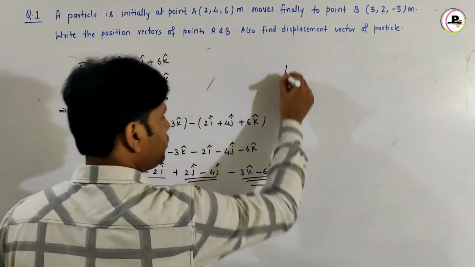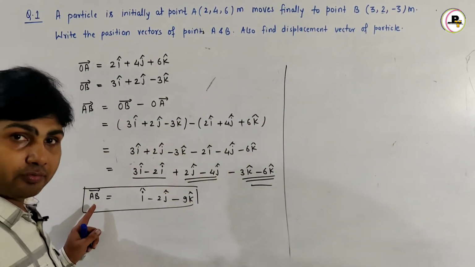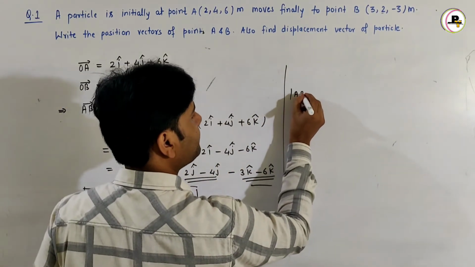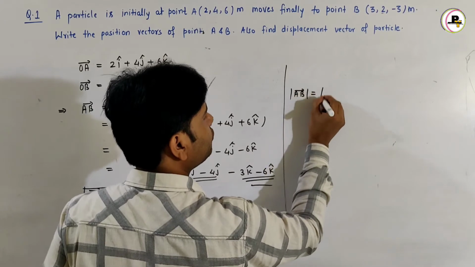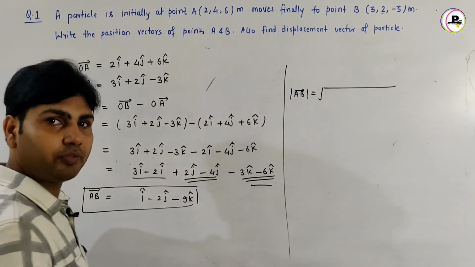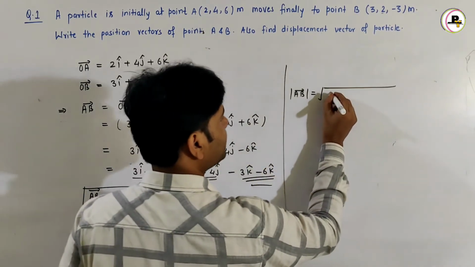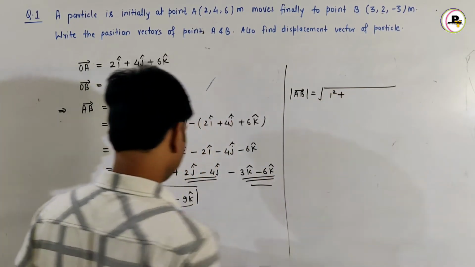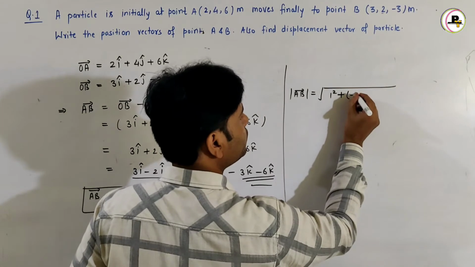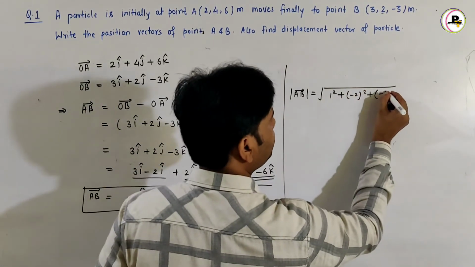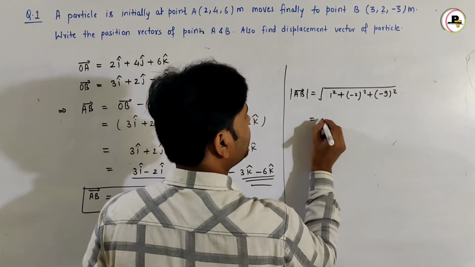Okay, I can also find out the magnitude of the displacement vector, that is mod of AB vector, and this is equal to what? Square root of the sum of the squares of the coefficients of i cap, j cap and k cap. I can write here square of 1 plus square of minus 2 plus square of minus 9, and I get what?